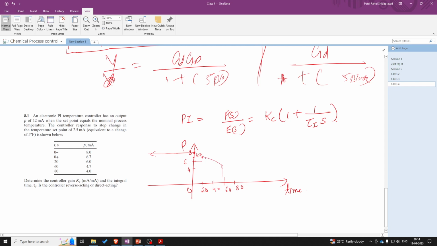So this is 6.7, this is around 6, then it will become 4.7, and ultimately at 80 it becomes 4. We can see such a kind of slope, and after 80 we have nothing, so let's just consider it as constant. We have been given this much amount of information. Okay, I think this is an incorrect plot. Let's just draw it on a bigger scale.